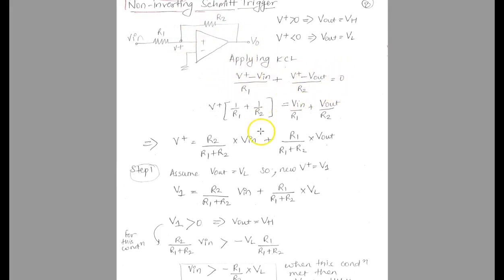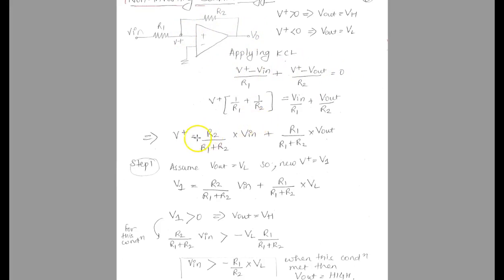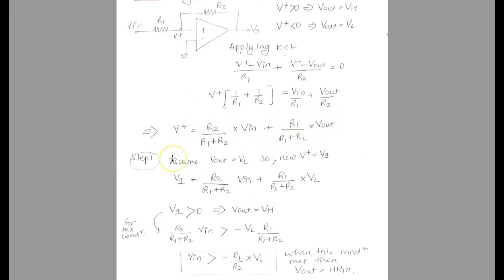When you simplify this and find the equation for V plus, we get R2 by (R1 plus R2) into V in, plus R1 by (R1 plus R2) into V out.